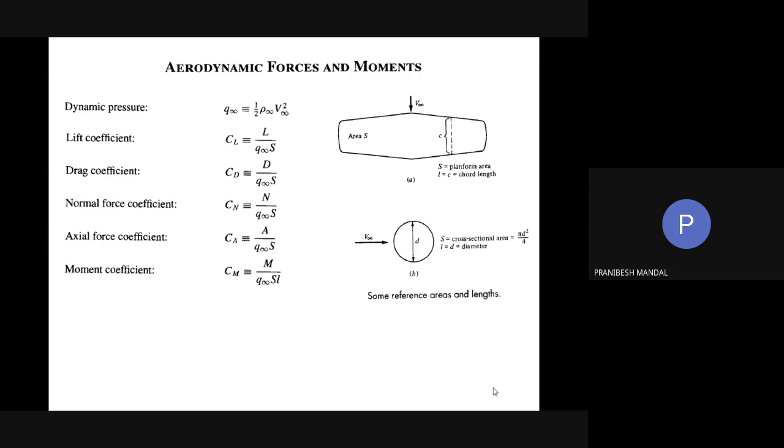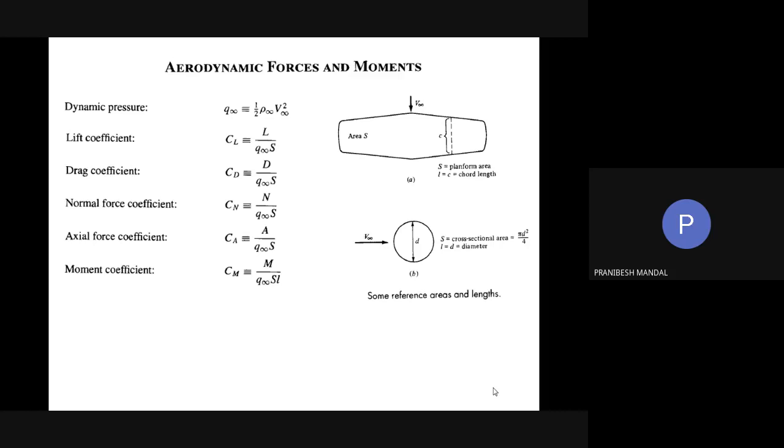You have to divide it with some other force. And that force is taken as Q infinity into S. What is Q infinity? Q infinity is defined as the dynamic pressure, half rho infinity V infinity square.